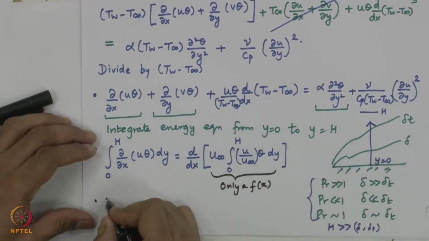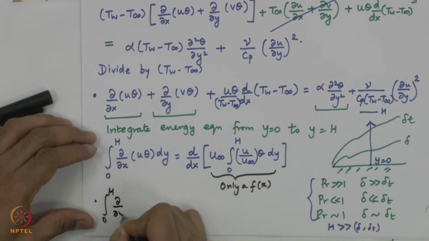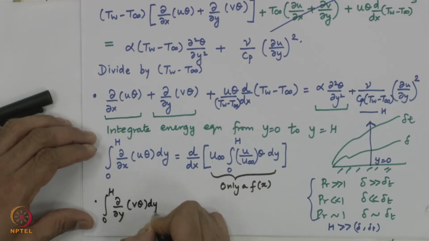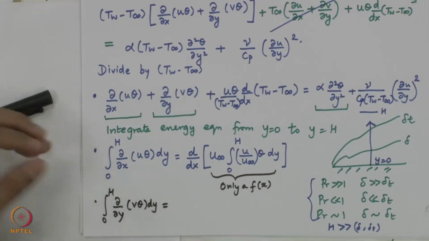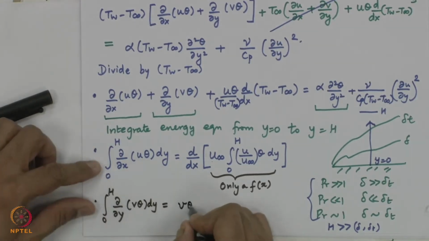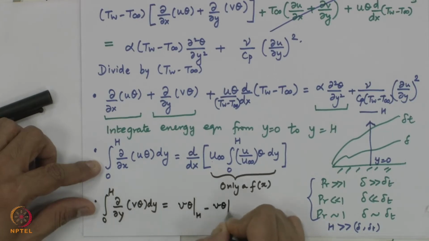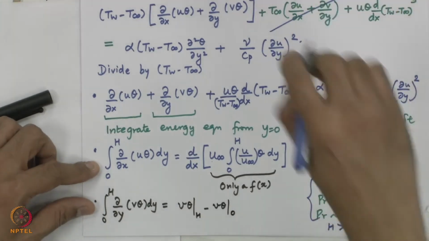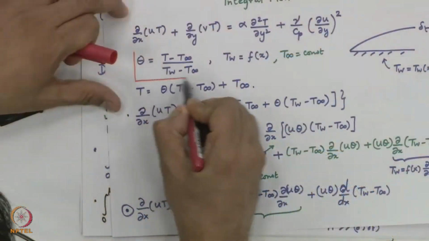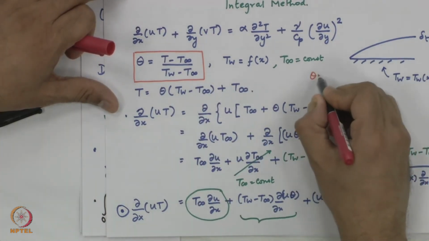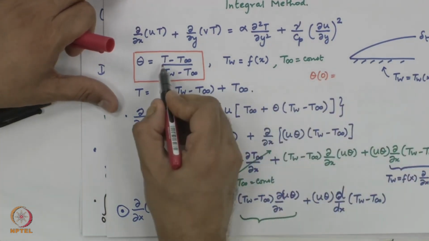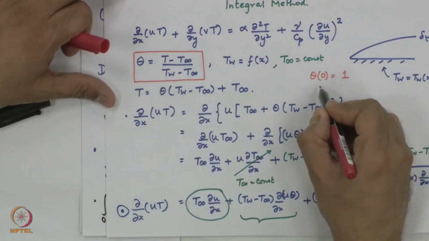The second term here is integral 0 to h of d by dy of v theta dy. This becomes v theta evaluated at h minus v theta evaluated at 0. What is theta? If you go back to the definition, my theta is defined by this function. At y equal to 0, t is equal to t wall, so theta equal to 1.